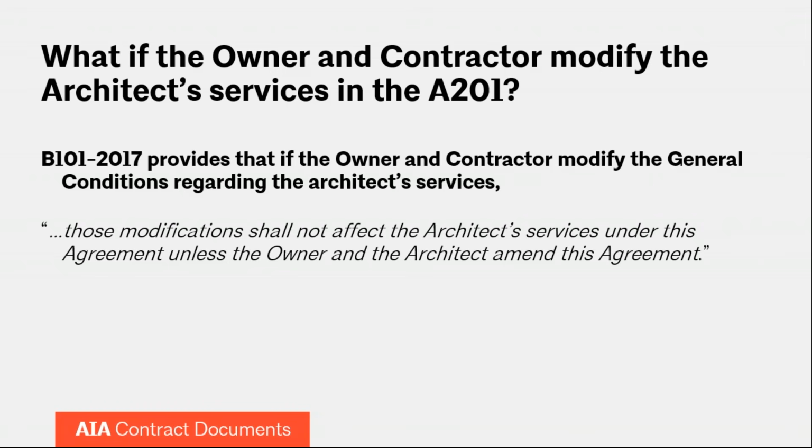So if you're changing architect responsibilities in A201, you want to make sure to change those responsibilities in the B101, or else there will be a conflict of what the architect is going to provide and what the contractor will expect the architect to provide in that A201.